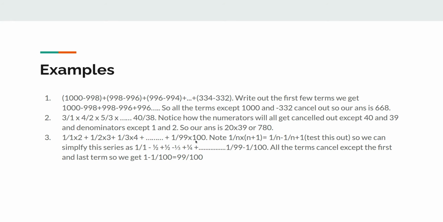Notice that all of these terms can be written as 1 over n times n plus 1. Like this term can be written as 1 over 3 times 3 plus 1. This can be 1 over 2 times 2 plus 1, and so on. So you notice that 1 over n times n plus 1 is equal to 1 over n minus 1 over n plus 1. Make sure to test this out.